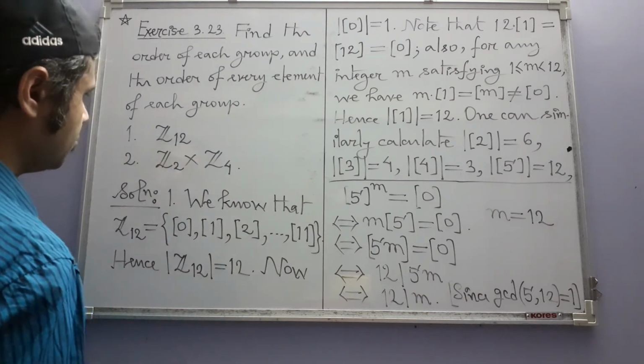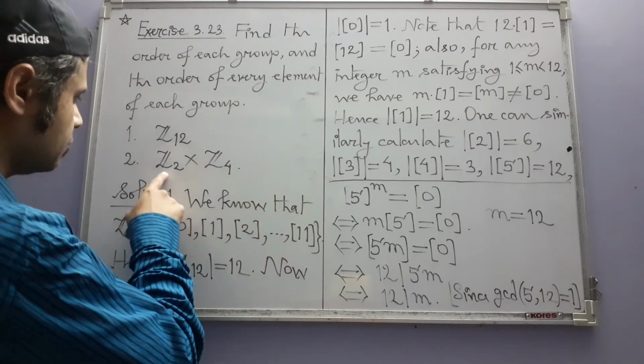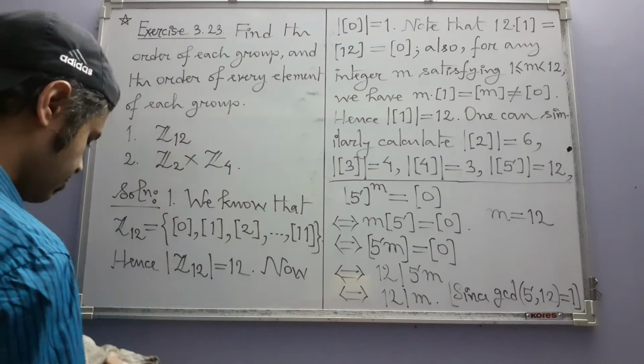And because we want to calculate this also after this, let's just see what it is. Z2 cross Z4.